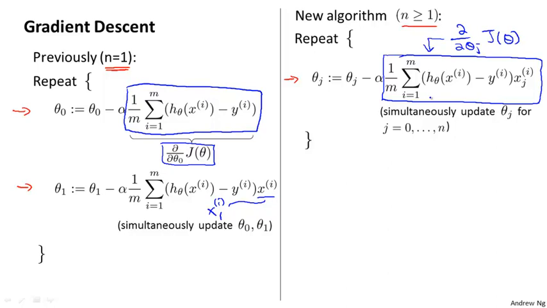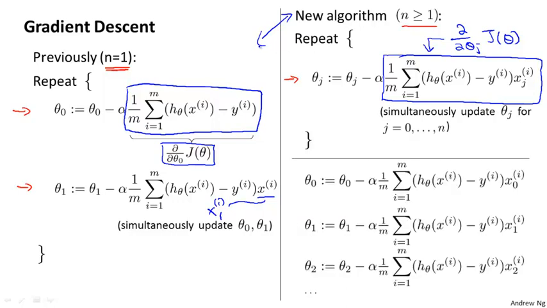The last thing I want to do on this slide is give you a sense of why these new and old algorithms are the same thing, or why they're both gradient descent algorithms. Let's consider a case where we have two features, or maybe more than two features. So we have three update rules for the parameters theta 0, theta 1, theta 2, and maybe other values of theta as well.